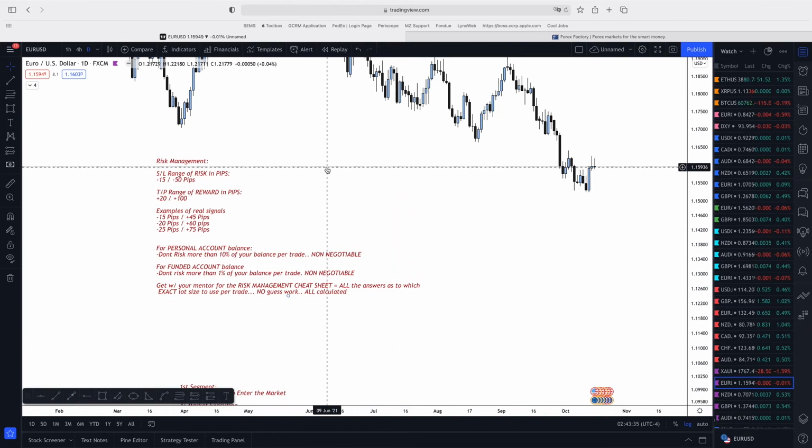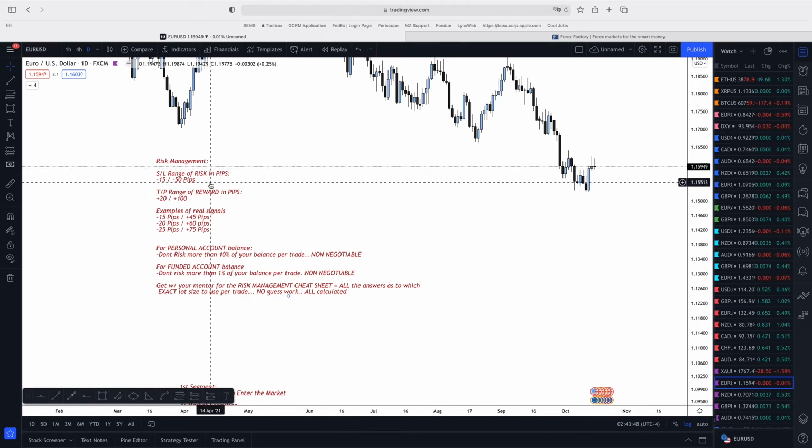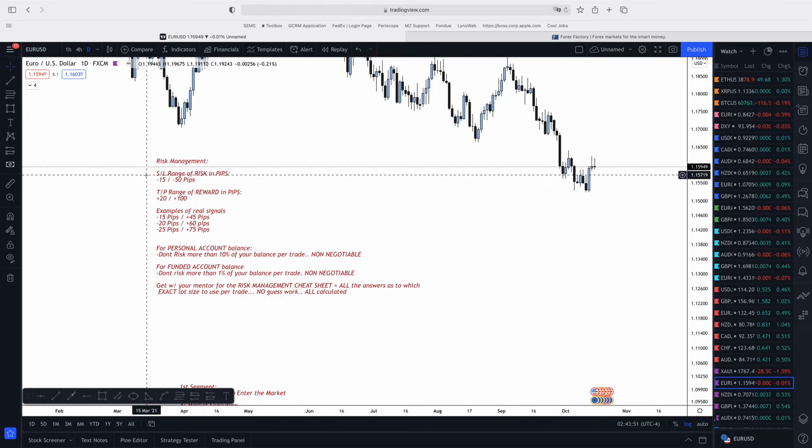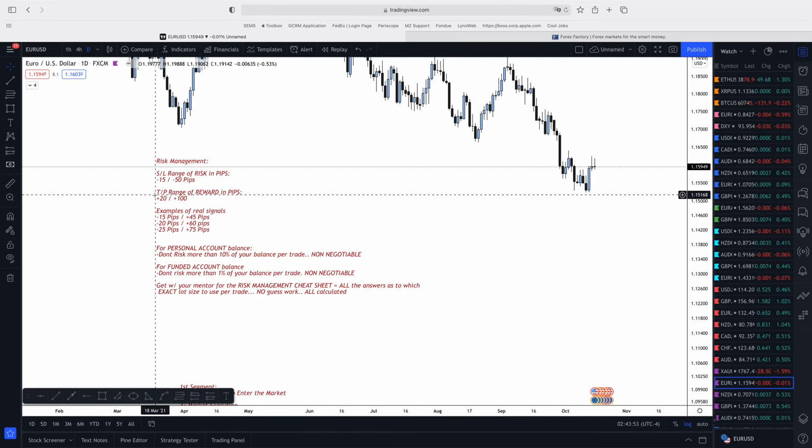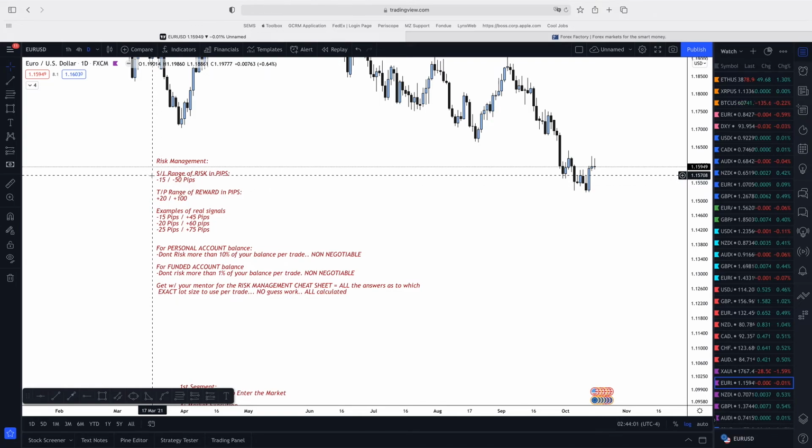So let's dive right into the information, guys. This is going a little bit deeper into risk management. Now, listen, when we are trading, two of the most important aspects are your stop loss and your take profit. In every single trade you're going to have a stop loss, but depending on the trade, you will have a different range of risk in pips.